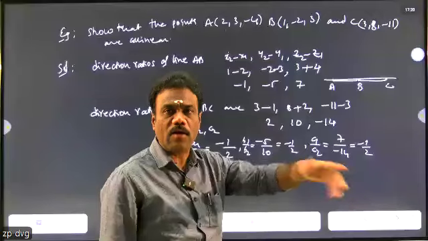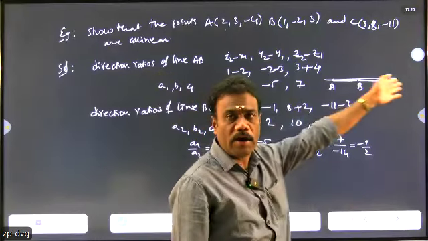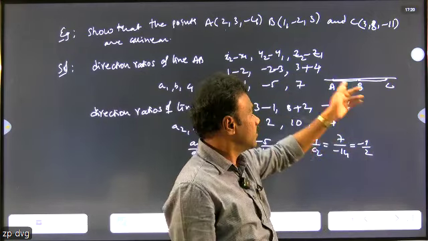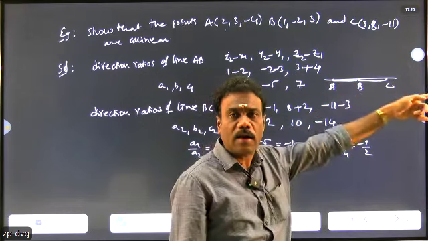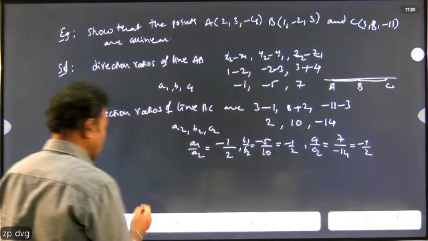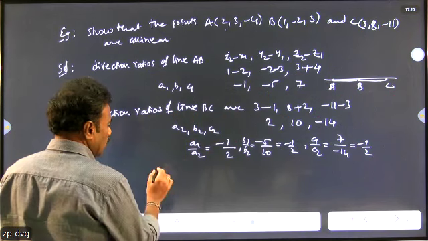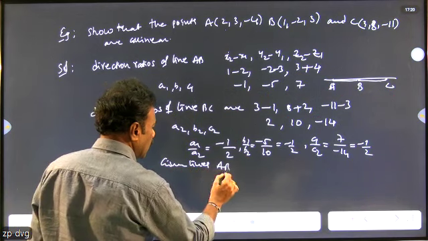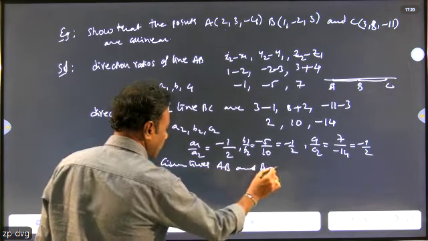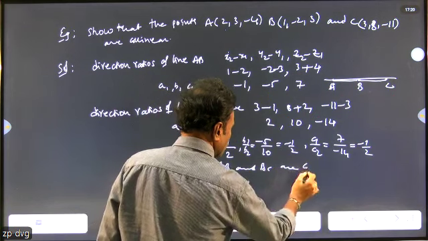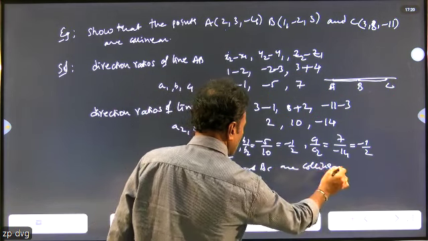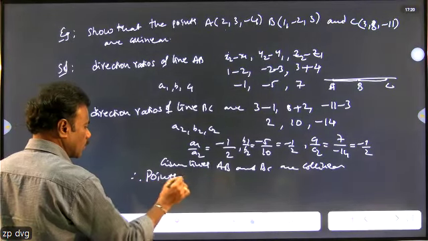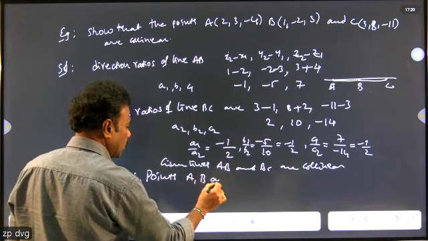If the lines are collinear or parallel, then the 3 points are collinear, because AB and BC are collinear. So we write: given lines AB and BC are collinear. Therefore, the points A, B, and C are collinear.